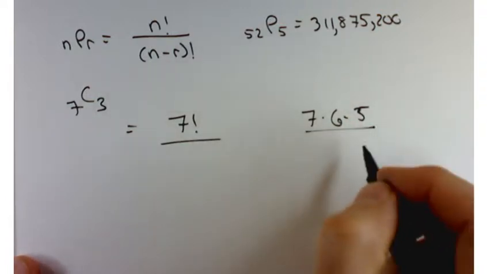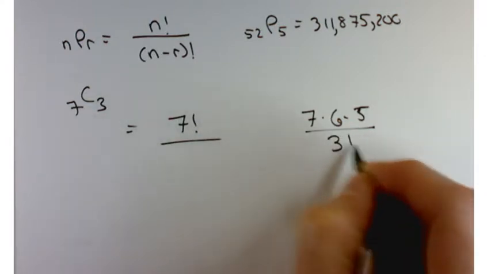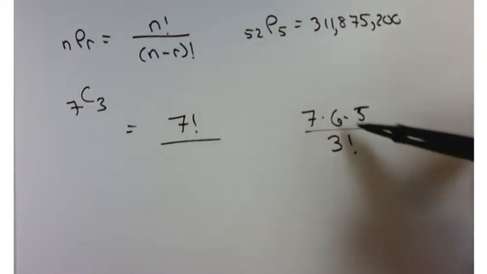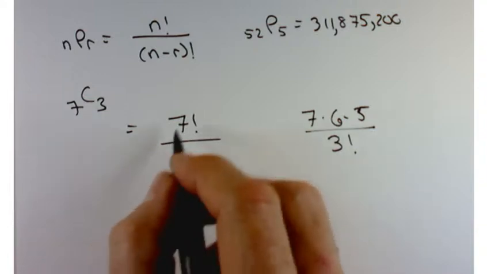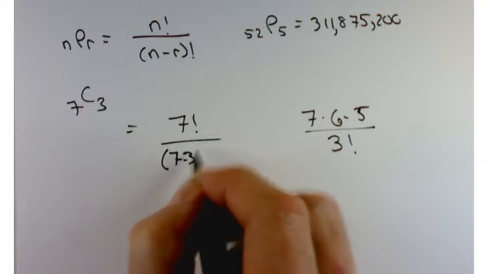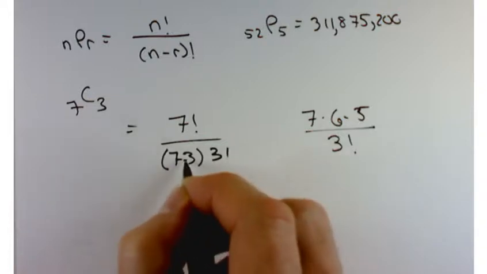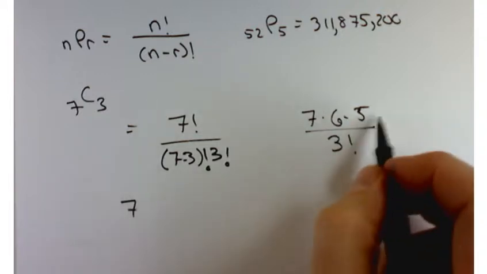But if the order doesn't matter, then you've got to divide out by the number of orderings of those 3 objects. So that's your 3 factorial. If you're to calculate 7 choose 3, it's going to be 7 factorial over 7 minus 3 factorial times 3 factorial. And what this part does is it cancels out all the rest of that.